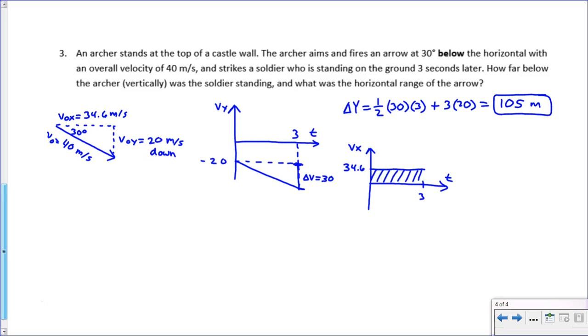I want to find that area there because I know then that delta x equals 3 times 34.6, which equals 103.8 meters. So that is how far away horizontally the soldier is standing from the archer.